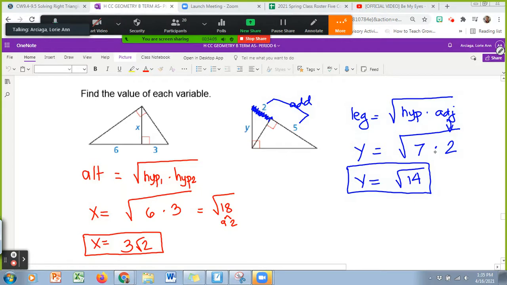So 7 times 2, which is 14 together. So that's y is equal to radical 14. So the pattern is you multiply the hypotenuse times the segment of the hypotenuse that's adjacent to the leg.